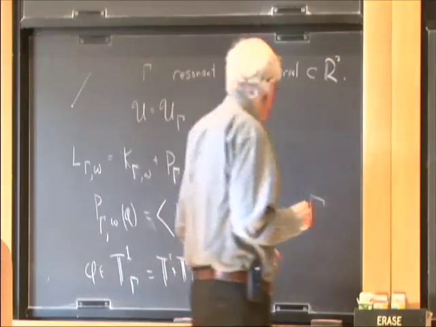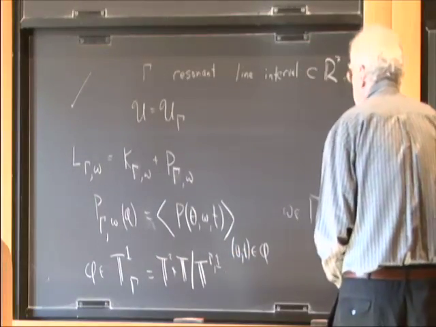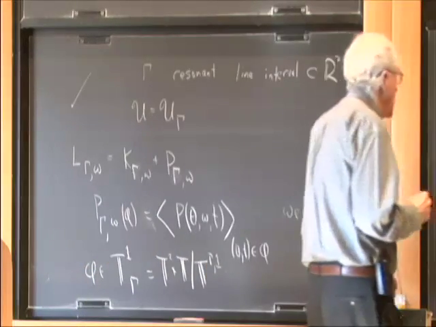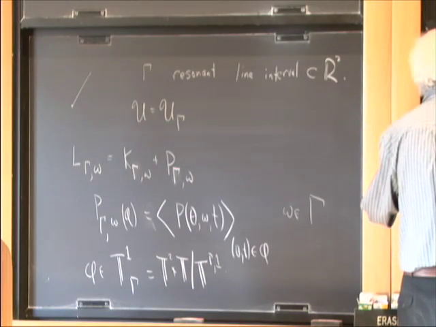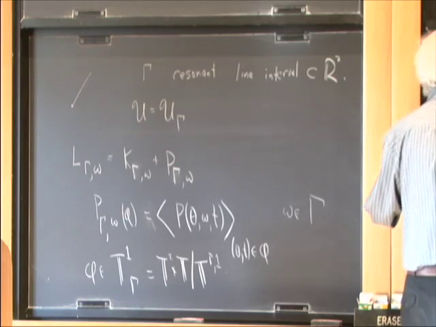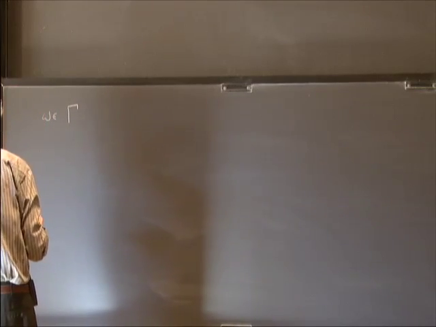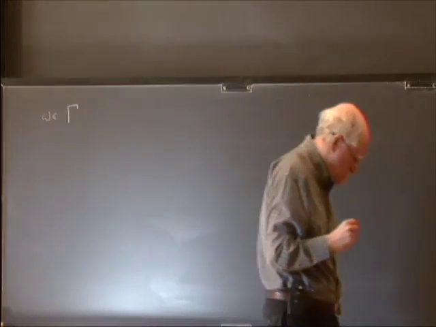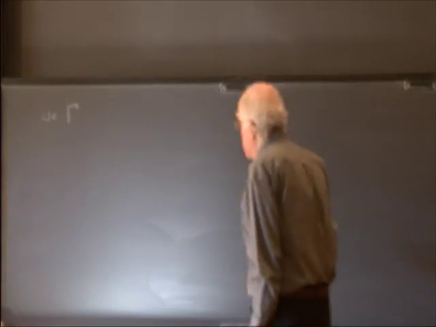Anyway, the remaining conditions involve looking at omega. You have omega contained in gamma, and last time I explained what it meant to admit a second resonance, and then among the omega which admit a second resonance, we want to consider the ones which admit a strong second resonance.